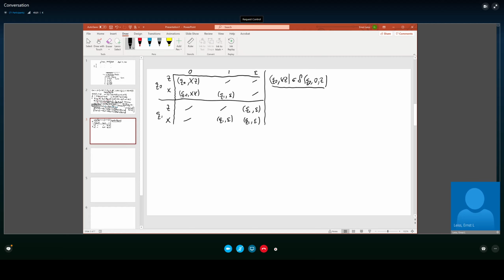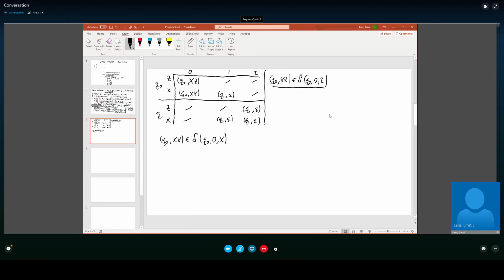Then the next thing that you're going to get is from this. You're also going to get 4 productions from that. Okay, so let's look at that. Q0 XX is in delta of Q0, 0, and X. So now we have to go back and forth.